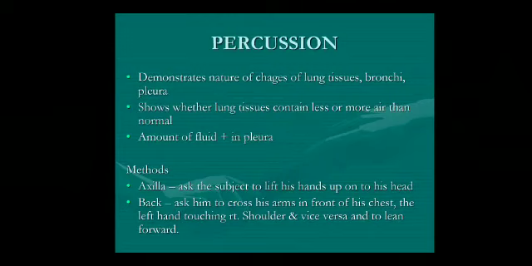Percussion is expressed as resonant, hyperresonant, dullness, stony dullness. Normally the lungs are resonant to percussion. Hyperresonance is seen in emphysema, pneumothorax, and a large superficial cavity. All these produce hyperresonance.